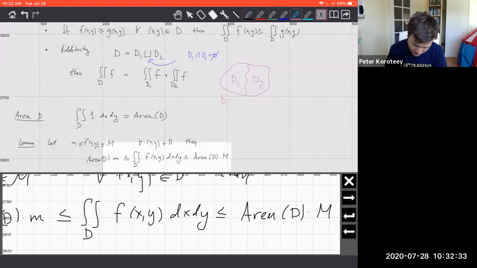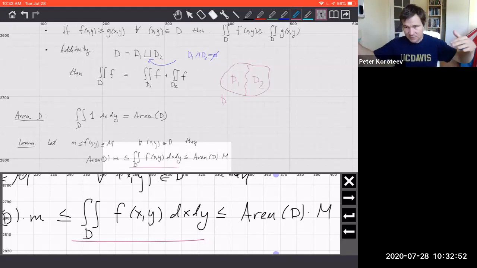When you calculate this integral in the middle, you are taking a limit of certain Riemann sums, and for every step of the process, the corresponding Riemann sum is squeezed between the two, and therefore it will survive the limit, except that you can have maybe a less or equal sign.